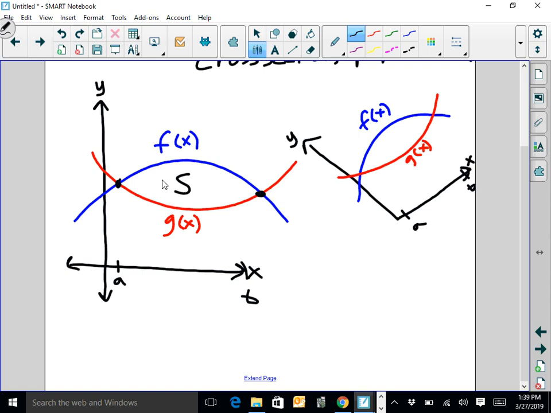The cross sections perpendicular to the x-axis are squares. Here's the x-axis, and perpendicular to it are squares. We have this distance here.